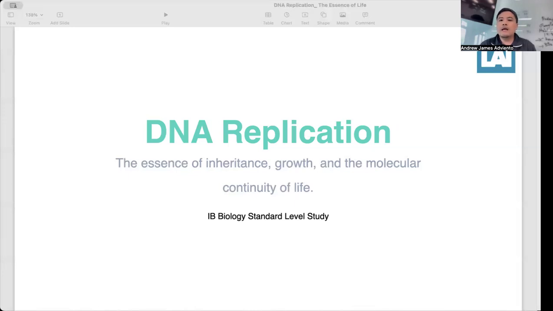If DNA is the blueprint of a living organism, then replication is the process of photocopying that blueprint so every new cell exactly knows what to do. And it is the very essence of inheritance.